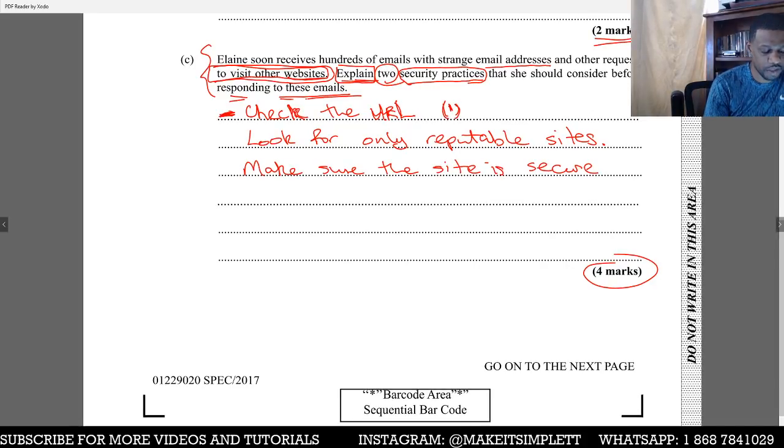And then either one of these will give you the next mark, because you have to say check the URL. Next thing I could do would be check the email address.